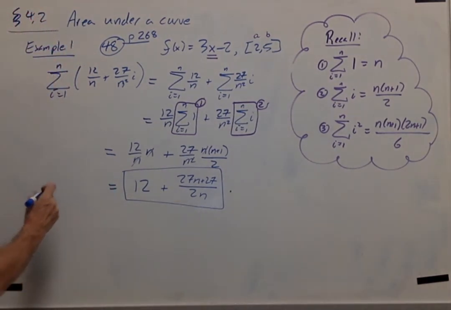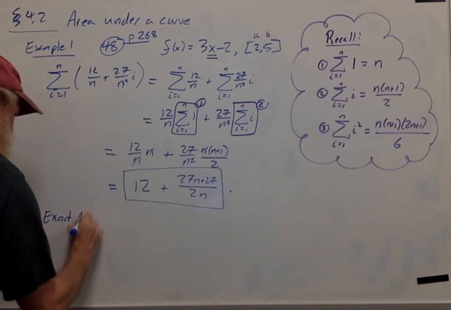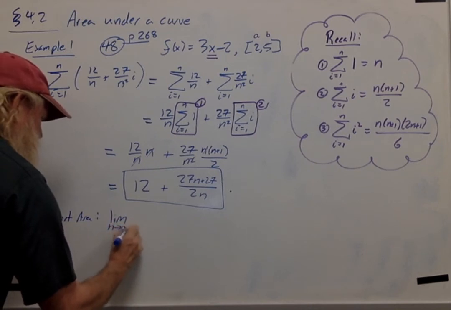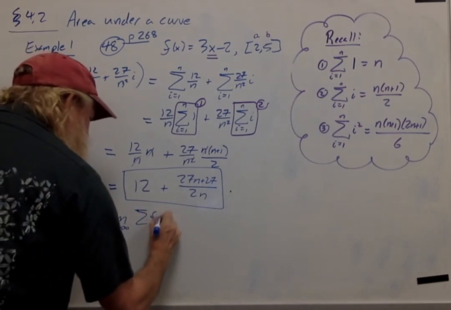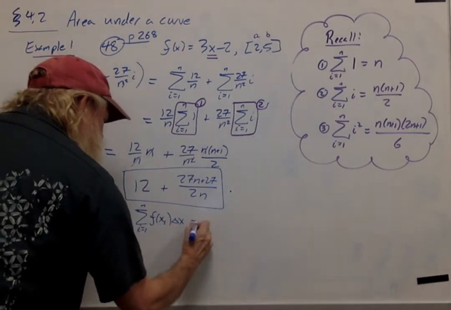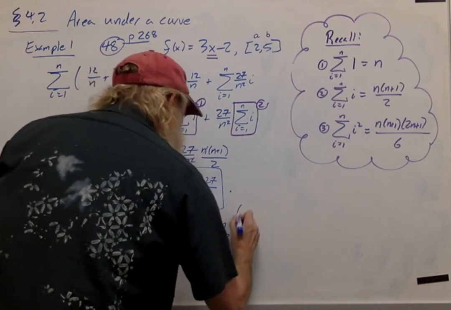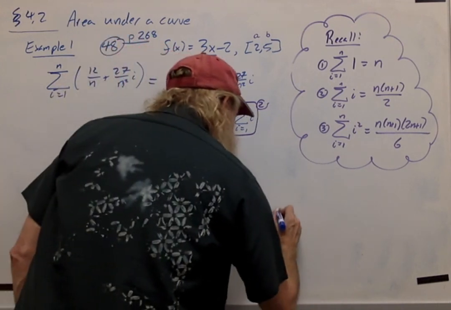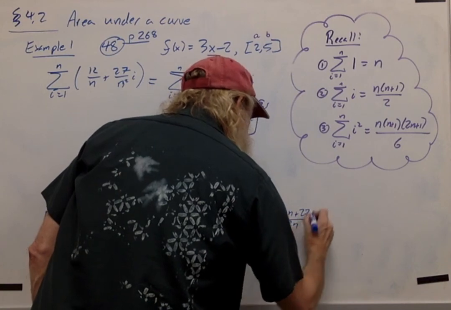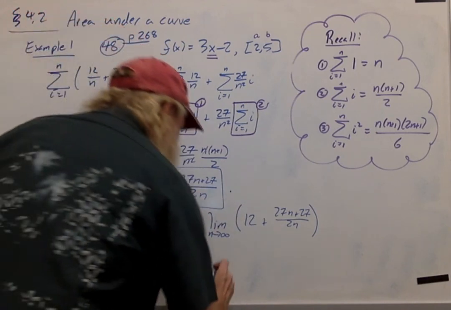But of course, we want the exact area. And that's going to be the limit as n goes to infinity of the Riemann sum. So that's the limit as n goes to infinity of 12 plus 27 times n plus 1 over 2n. Now the limit of a constant is a constant.